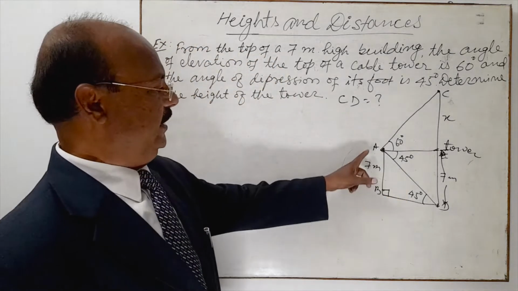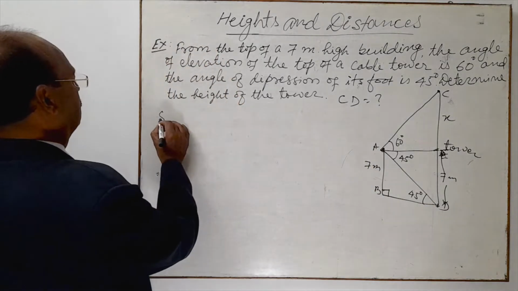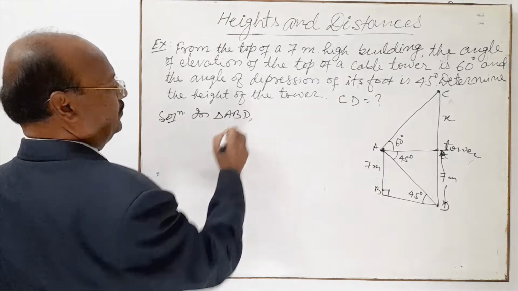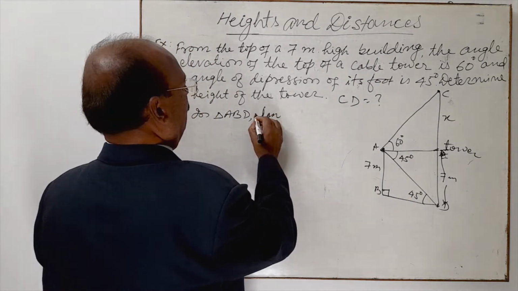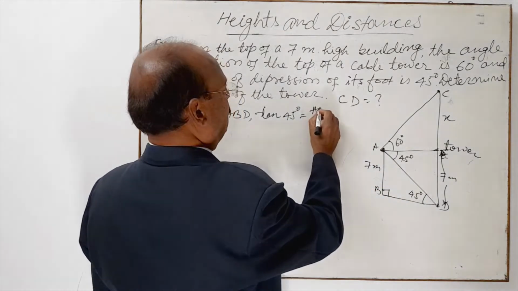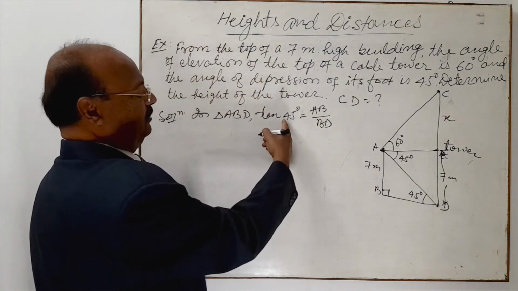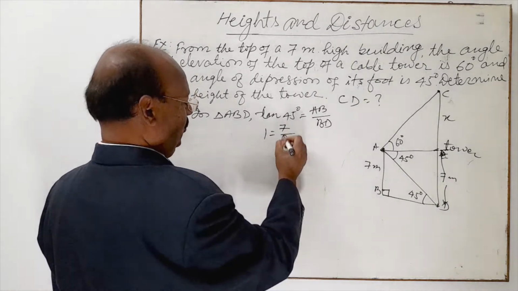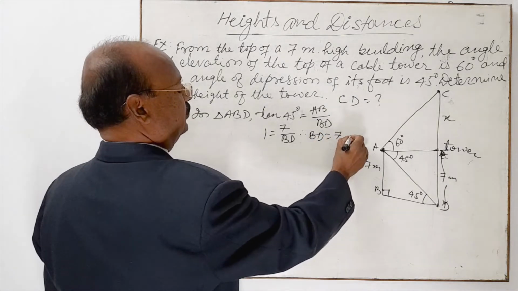So first of all, in triangle ABD, tan of 45 degree is equal to perpendicular AB by base BD. And tan 45 is 1, AB is 7, so 1 is equal to 7 upon BD, and therefore BD is equal to 7 meter.